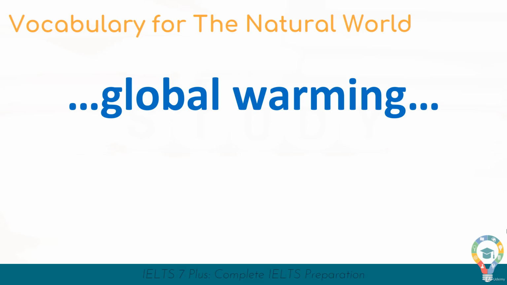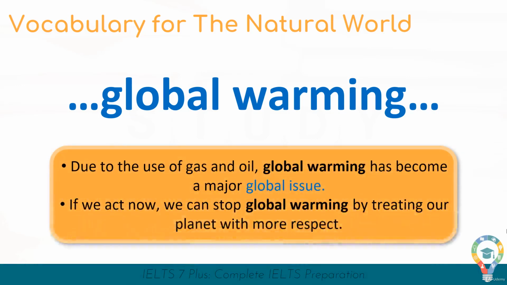Similar to climate change, but not exactly the same. Due to the use of gas and oil, global warming has become a major global issue. You may have heard me say that phrase before, global issue, a common collocation to talk about a problem facing the entire planet. If we act now, we can stop global warming by treating our planet with more respect.